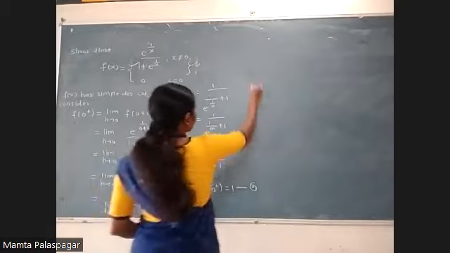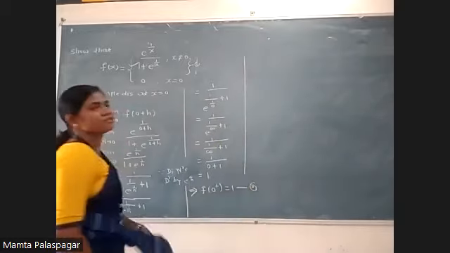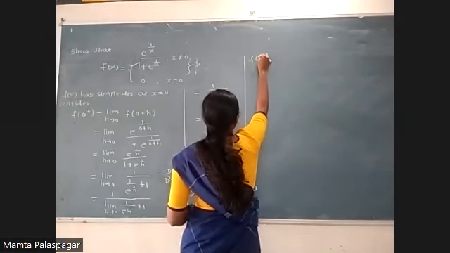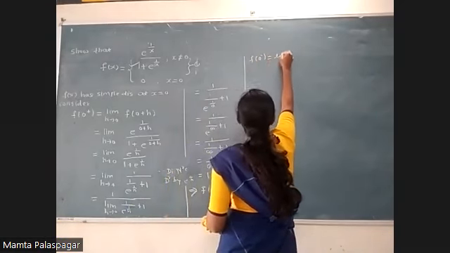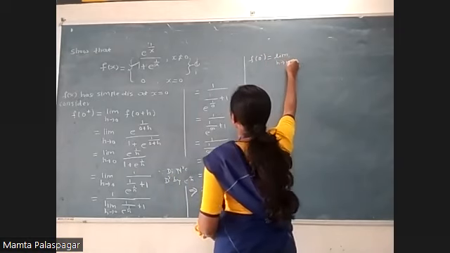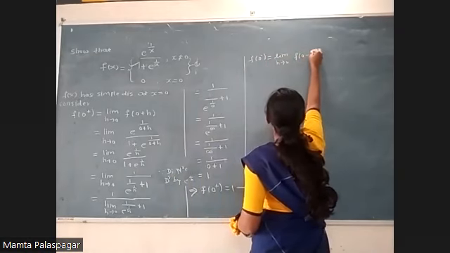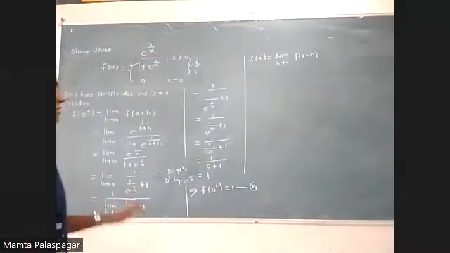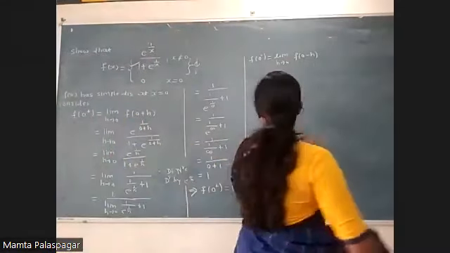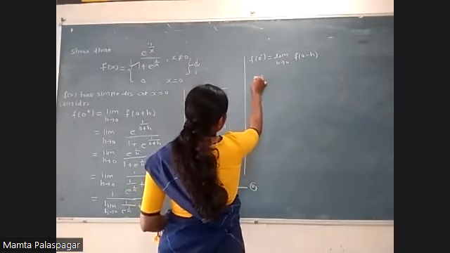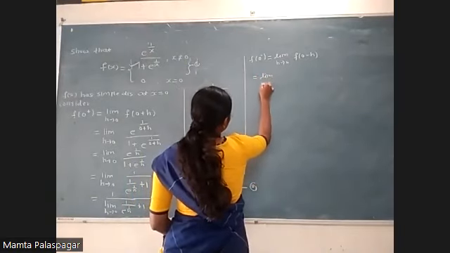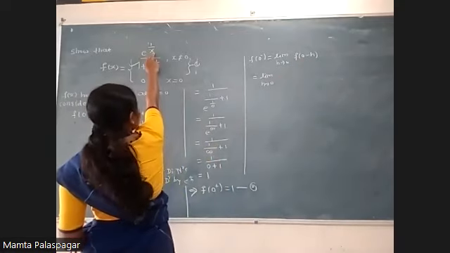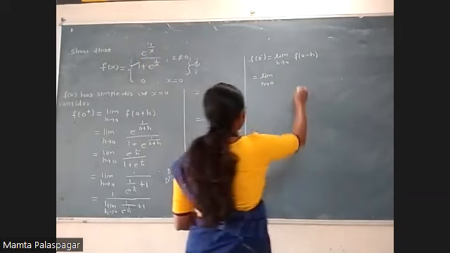Again, here we have to find the value of f of 0 minus, that is the left hand limit. Again f of 0 minus is equal to the limit h tending to 0 of f of 0 minus h. Again replace the variable x in equation 1 simply by 0 minus h. Let's see what happened. So here we get the limit h tending to 0, where the variable x is replaced by 0 minus h in equation 1.